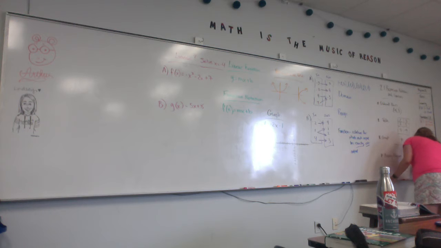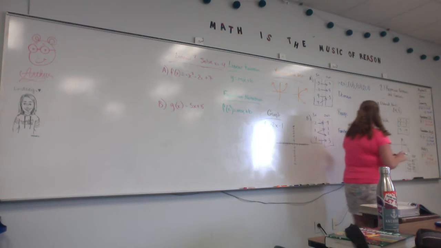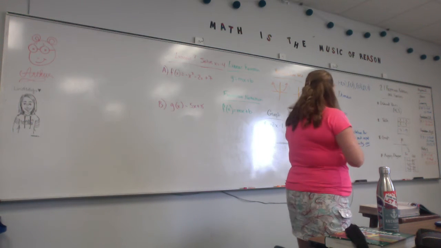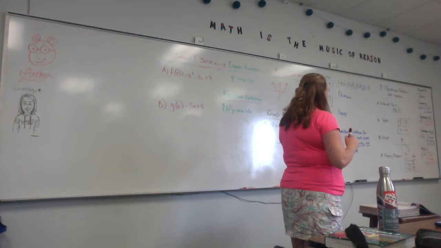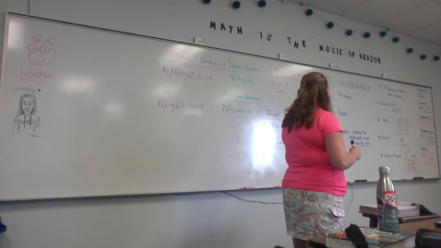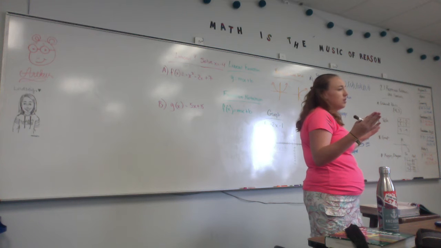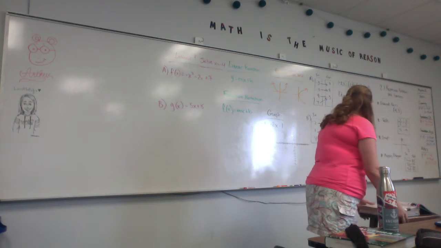It would show me what my input was, what my output was. That's a mapping diagram. Those are just some terms that you might want to get familiar with because they're going to ask you to put it in a table form, put it in a mapping diagram. So you need to know what those words are. Does that make sense?